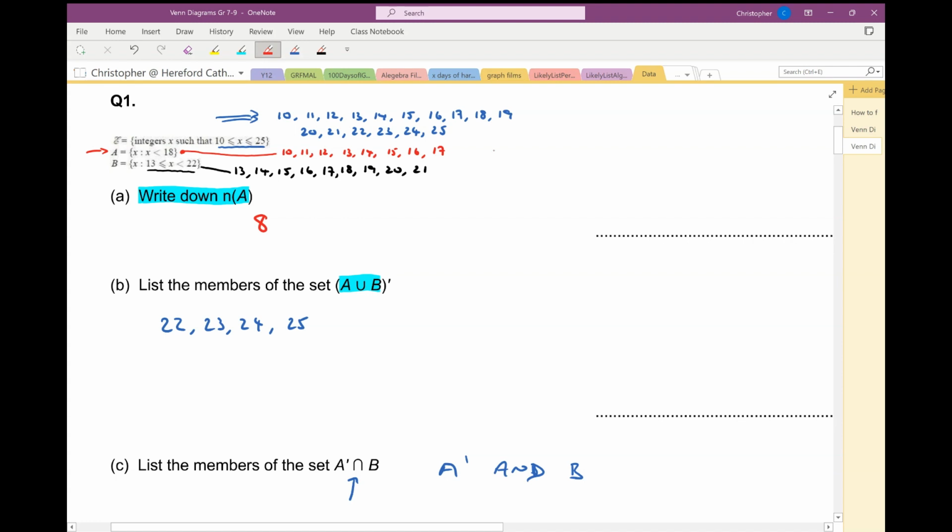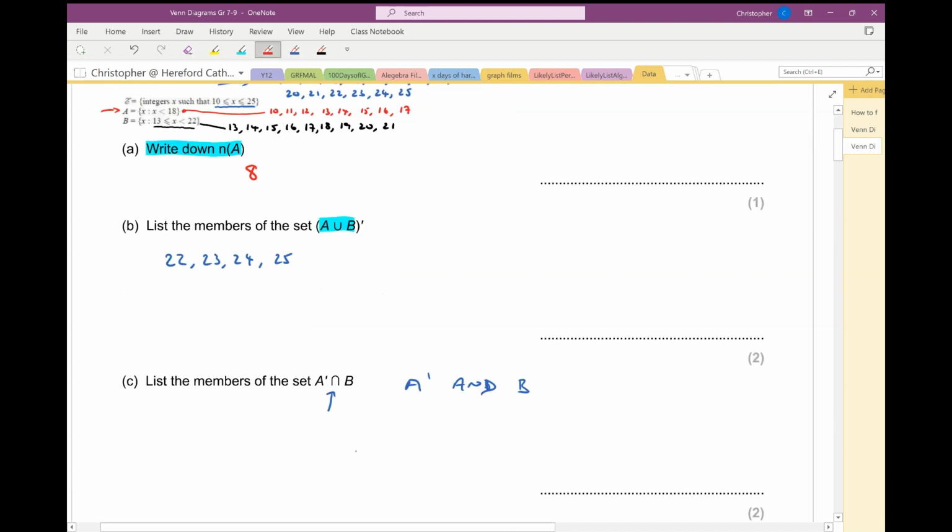So which numbers 18 onwards are in B? Answer: 18, 19, 20, and 21. Those are the numbers which are not in A and are also in B.